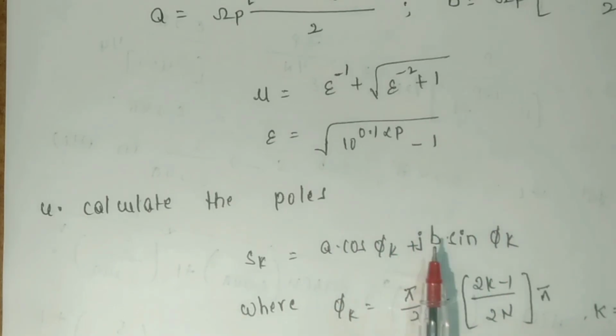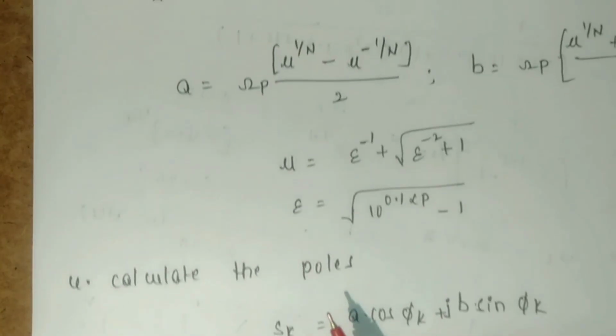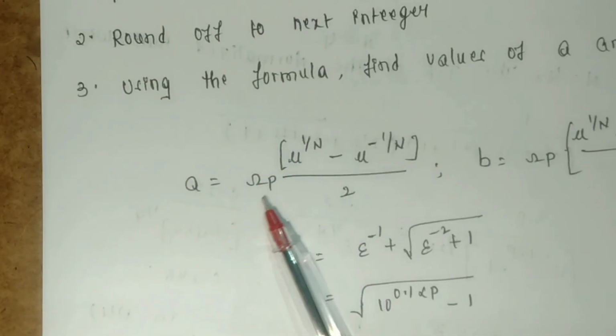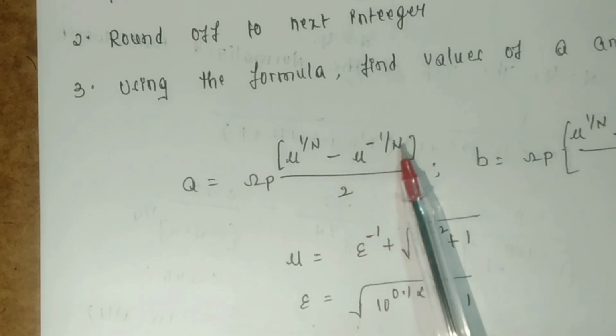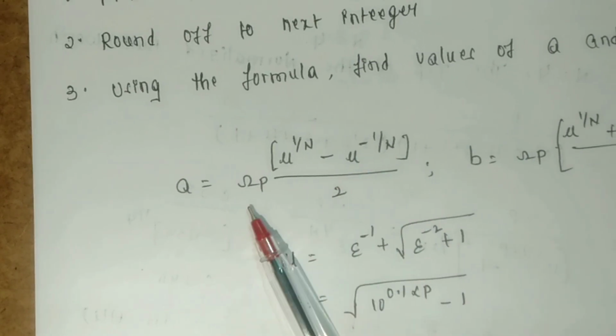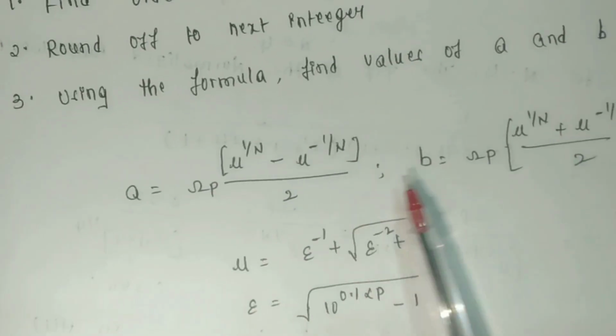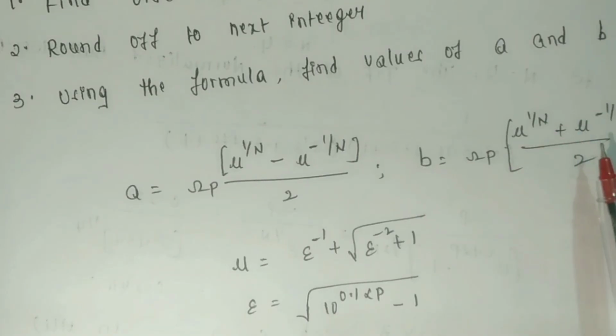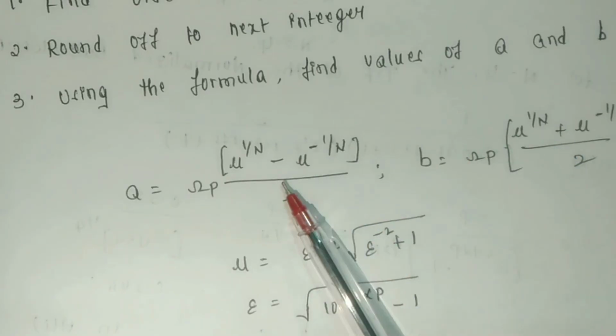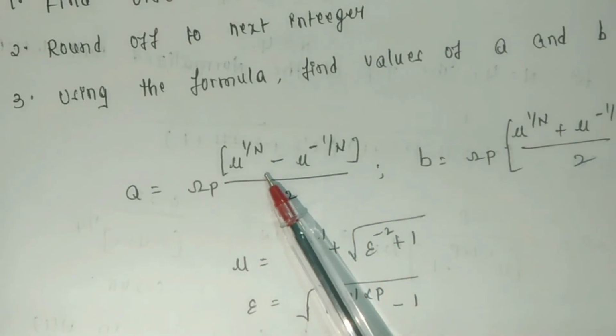The value for a is equal to omega p times (mu power 1 by n minus mu power minus 1 by n) divided by 2, where omega p is the passband frequency, and b is equal to omega p times (mu power 1 by n plus mu power minus 1 by n) divided by 2. The difference you have to identify is that the formula is the same, only the sign is different.